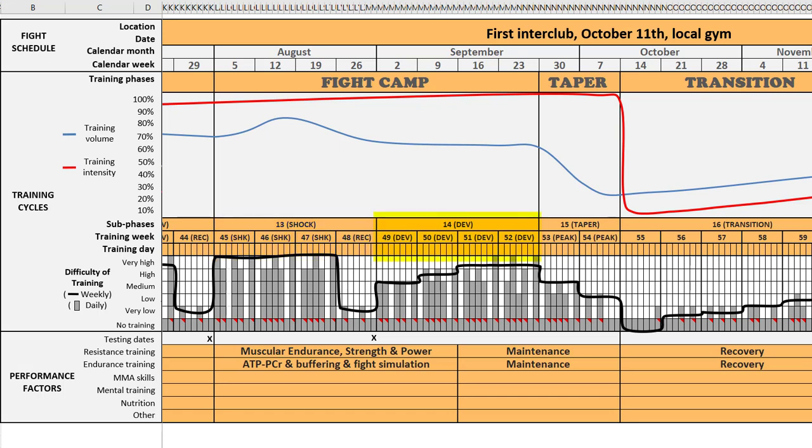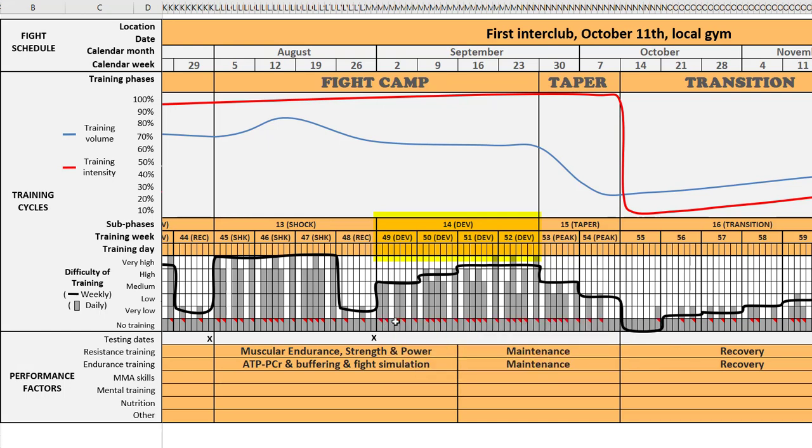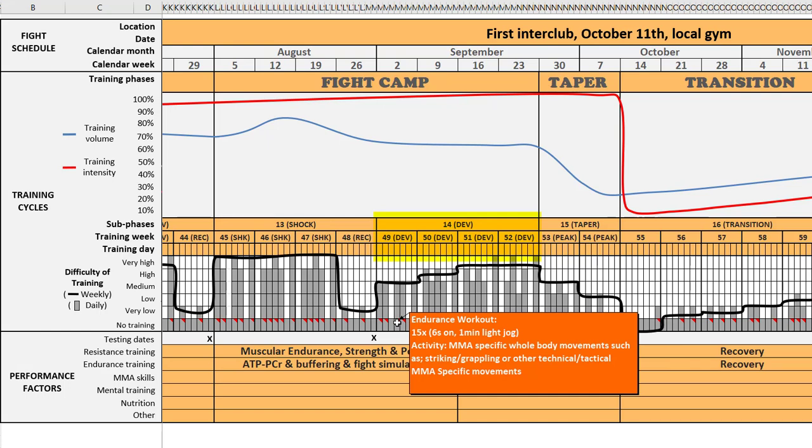So as we move into subphase 14, we're looking at a developmental subphase with a 4 to 0 loading plan. So in week 49, again, as we move into this fight camp, intensity continues to increase. So for endurance training, we're completing 10 15-second intervals for the first session and 15 6-second intervals for the second session, as you can see here.